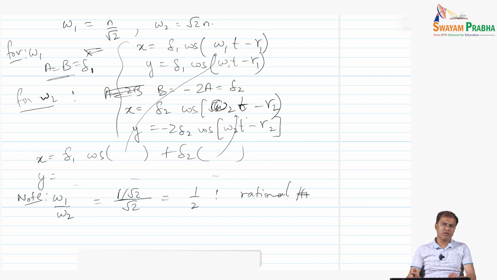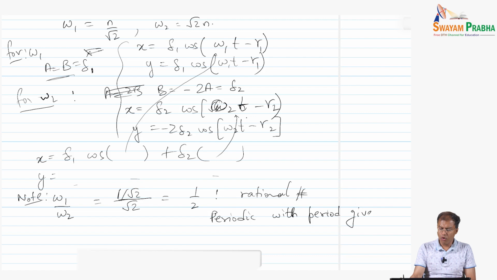Now the question is, if the system is periodic, what is going to be the period of the system? It is periodic with the period given by the slow mode.